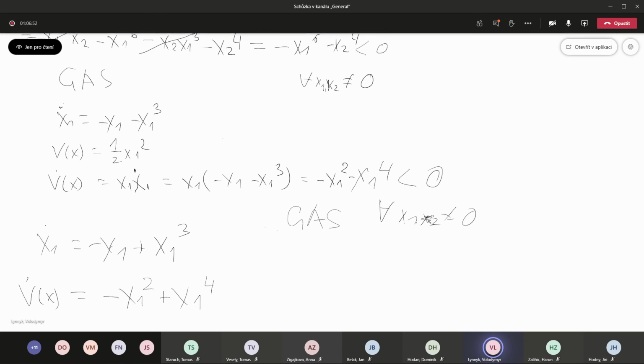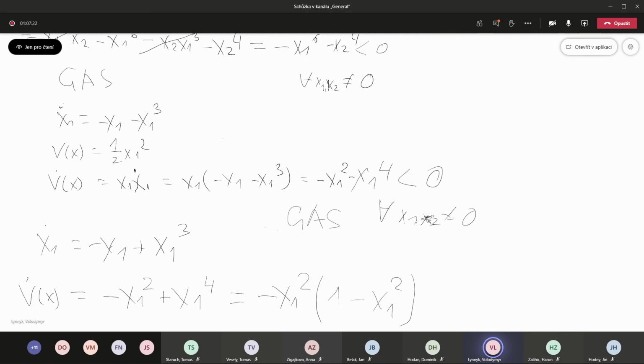Okay, and it's equal to minus x1 squared, 1, plus, minus, equal to 1 minus x1 cubed.